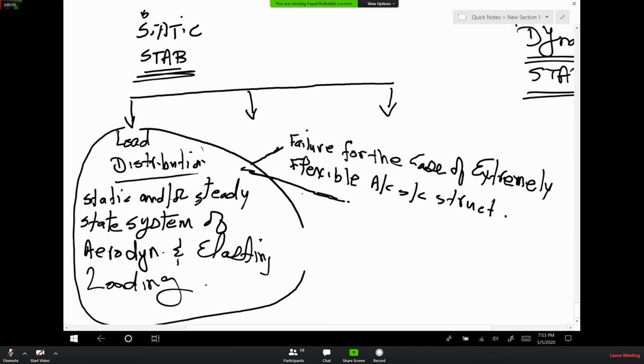If we have an extremely flexible structure, it will fail. And here what's going to happen is divergence. So that's for this case. Divergence, we're going to diverge from the stability. We're going to be not stable, which is failure. When? For this case.